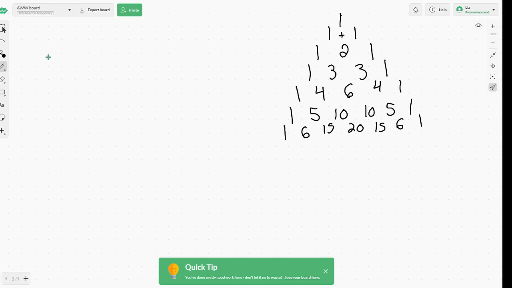All right, so we're going to use this when we're talking about having a binomial and raising it to a positive integer power. So like 2x minus 3 to the fourth. So how do we use this and Pascal's triangle together? Well, with Pascal's triangle, what you're doing is you're thinking about the degree you're raising it to.